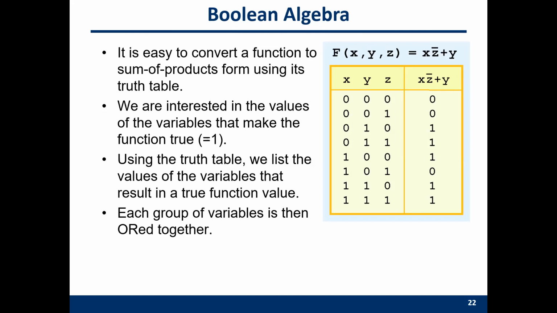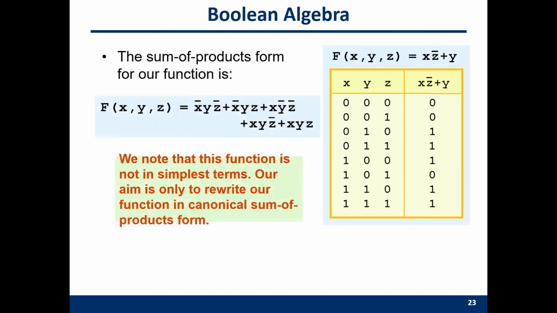How can you do that? In order to write the sum of products of this Boolean expression, you just need to pick up all the rows whose output is 1. So we have 1, 2, 3, 4, 5. We have 5 rows here, which can generate a 1 output.